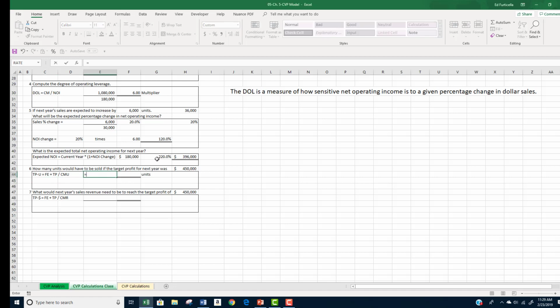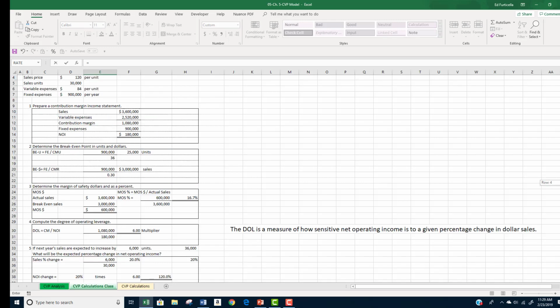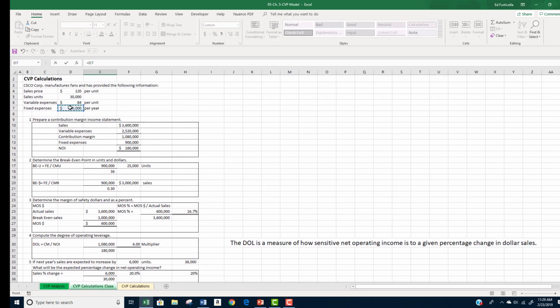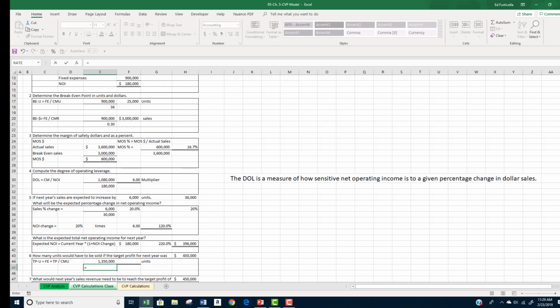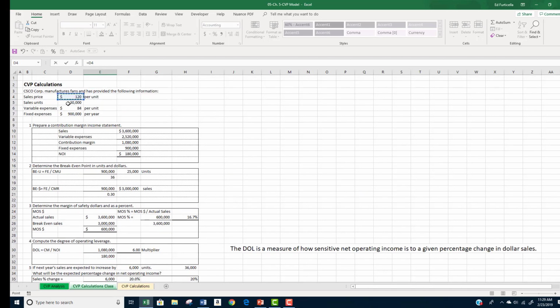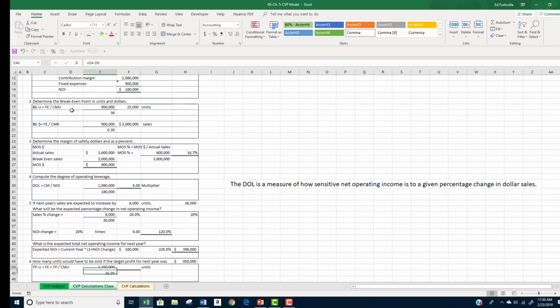So we point up to fixed expenses and add the target profit to it, in this case 450. And then we put in our denominator our contribution margin per unit, which again was the $120 selling price minus the variable of 84, which gives us 36. We divide the 1,350,000 by $36, and 37,500 units have to be sold in order to make $450,000.